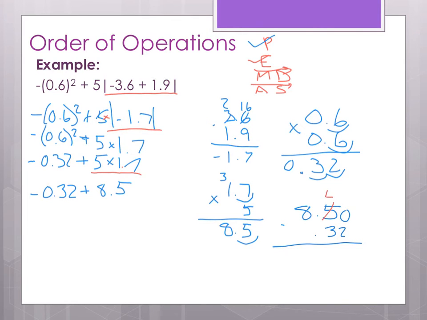This becomes a 4, and this is now a 10. 10 minus 6 is 4. 4 minus 3 is 1. And 8 minus nothing is 8, bringing that decimal straight down. So my answer is 8.14. I keep the sign of the larger number here, which was the 8.5, so my final answer will be positive. I get a positive 8.14.